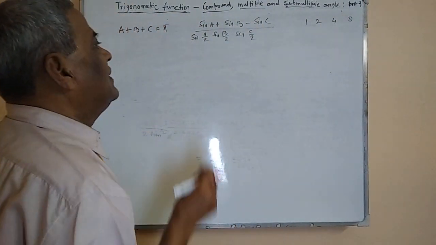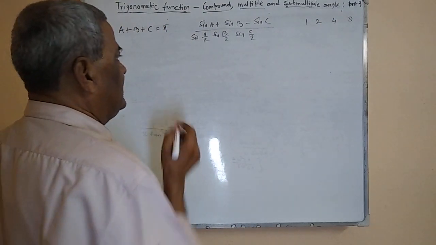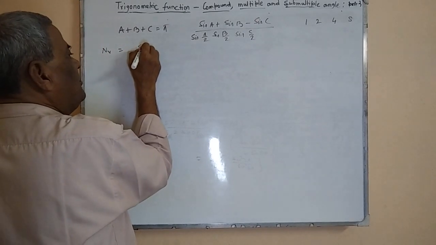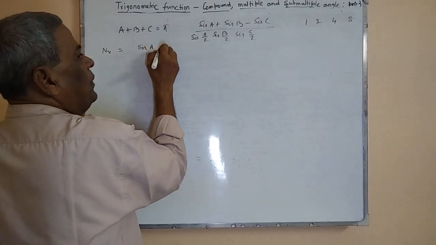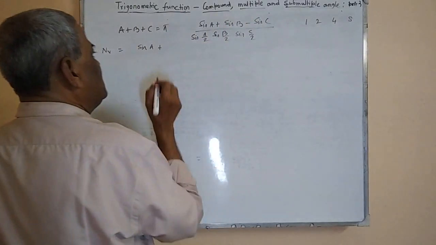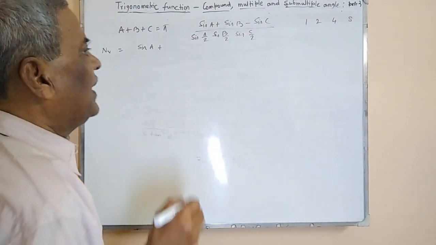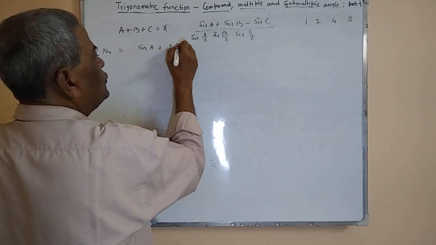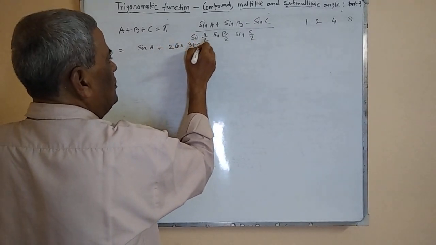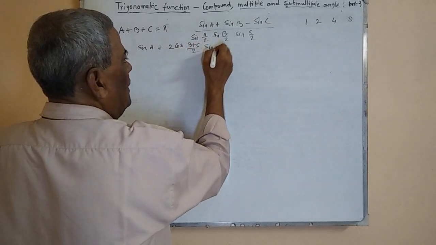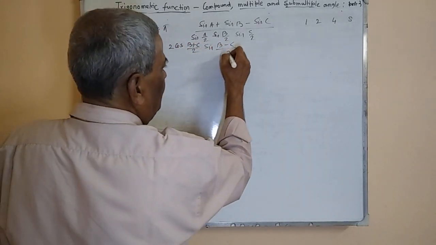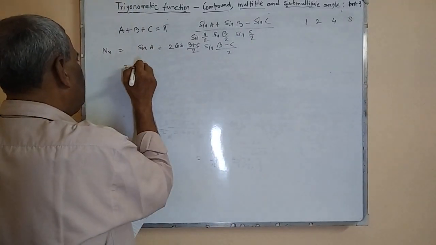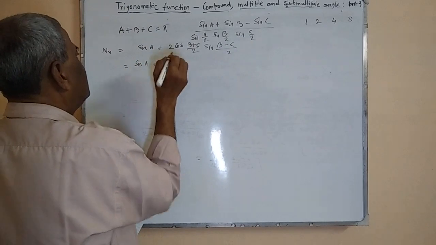I try to simplify the numerator. It is sine A plus sine B minus sine C. There is a formula: sine B minus sine C is 2 cos B plus C by 2 into sine B minus C by 2. So it is sine A plus that.